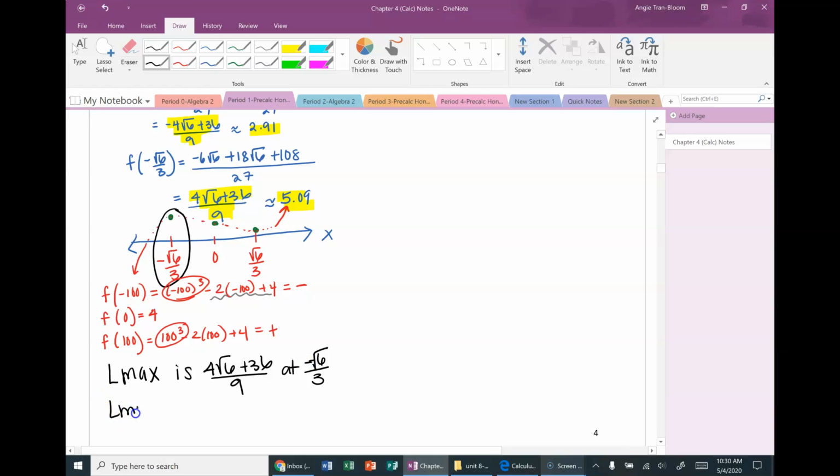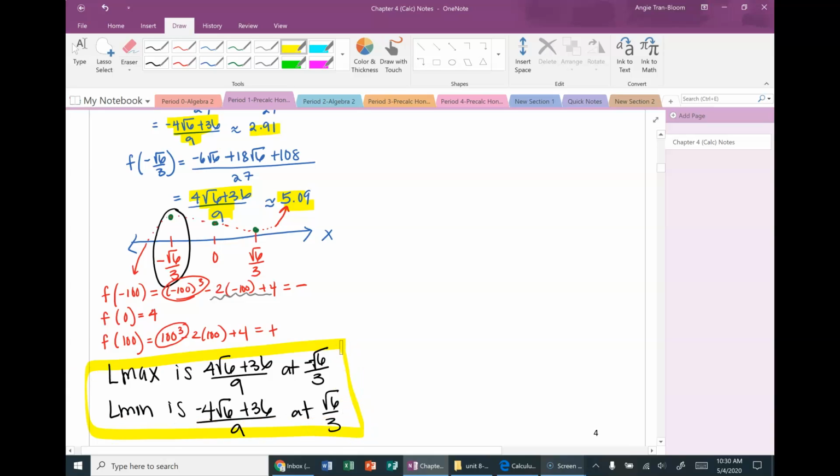Then the local min is negative 4 rad 6 plus 36 all over 9 at positive rad 6 all over 3. And box that up. Now, some of you don't need to do the number line to visualize it or write the answer, but if you have an issue with organization, then a number line is a great way.